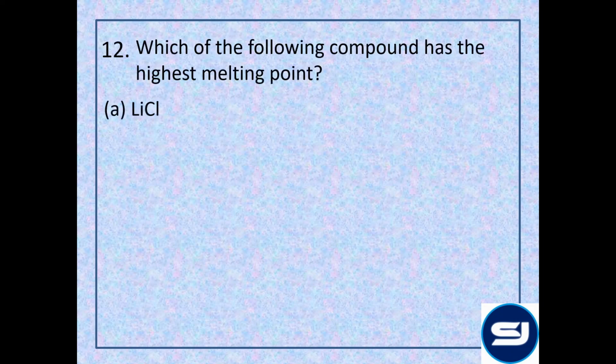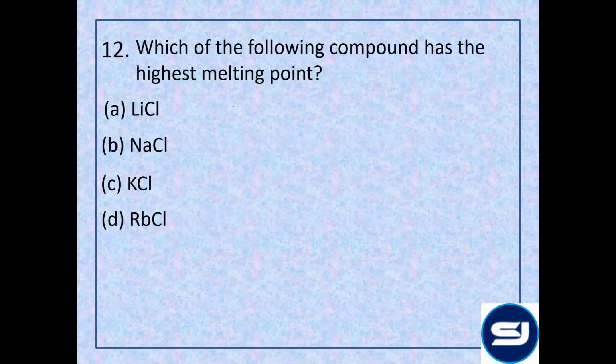Which of the following compound has the highest melting point? अल्कली मेटल क्लोराइड्स में मेल्टिंग पॉइंट हाईएस्ट किसका है? Rubidium chloride. If I talk about LiCl, then LiCl जो है it has more of covalent character.